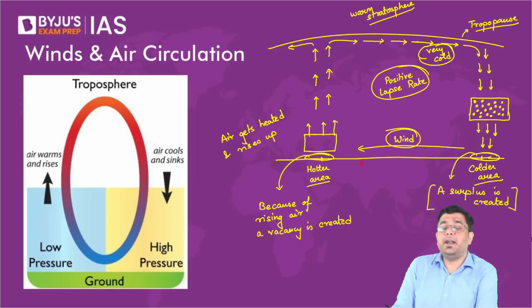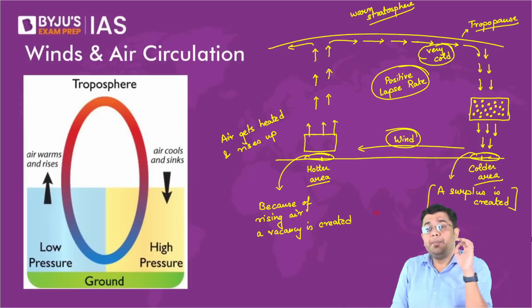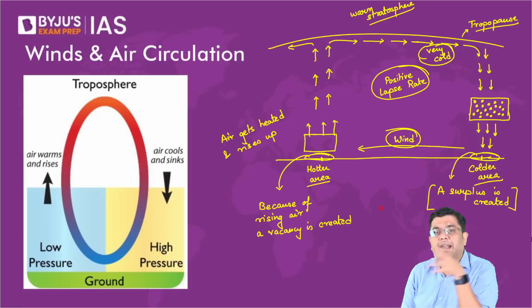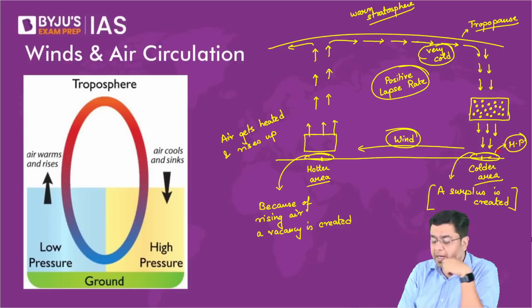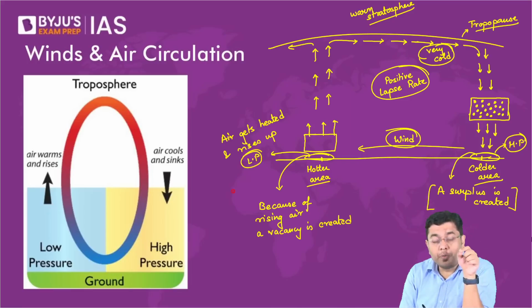So always understand and remember that wind will blow from a high pressure to a low pressure. That high pressure and low pressure can be created by different circumstances, but this is the region of high pressure, where you have the sinking air because of cold conditions. Here you have the condition of low pressure because you have rising air because of heating. So from the high pressure to the low pressure, there will be a movement of the wind.